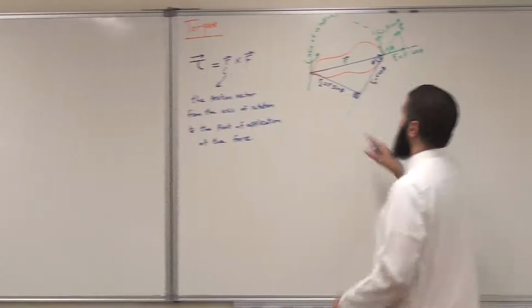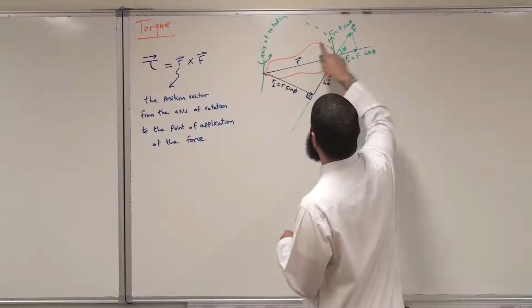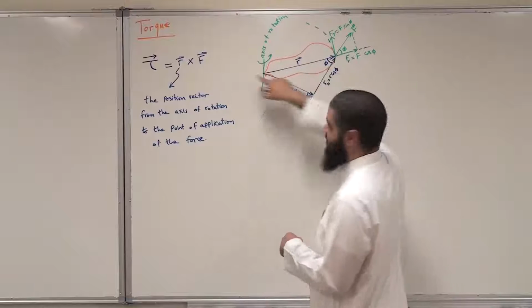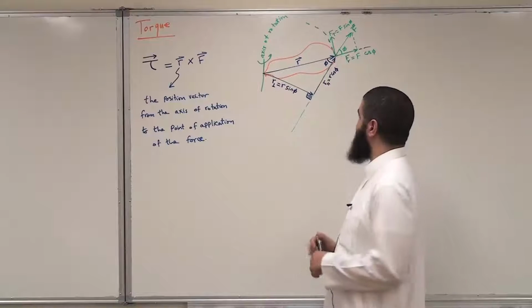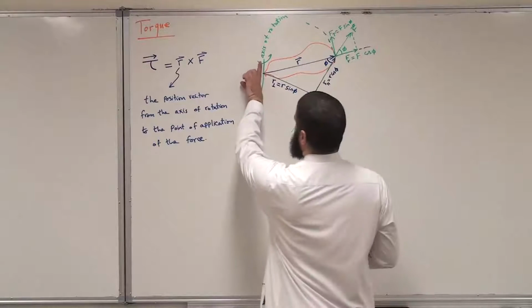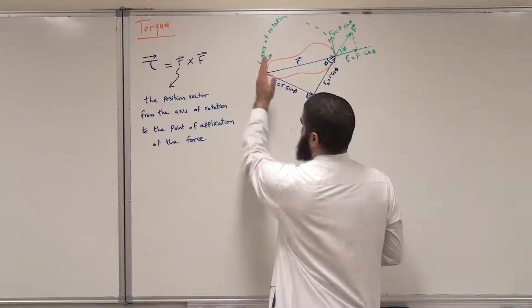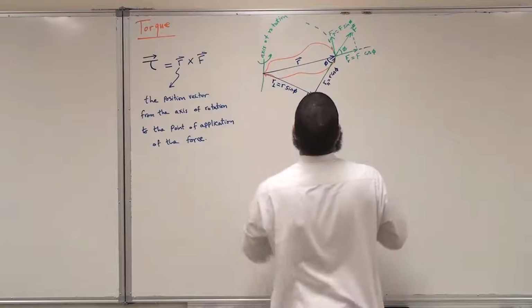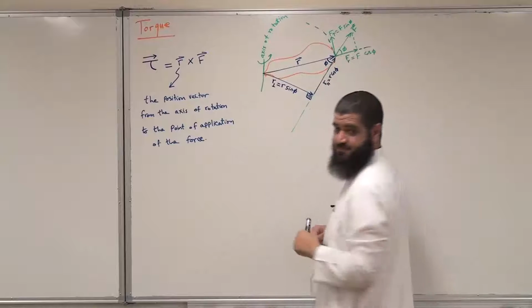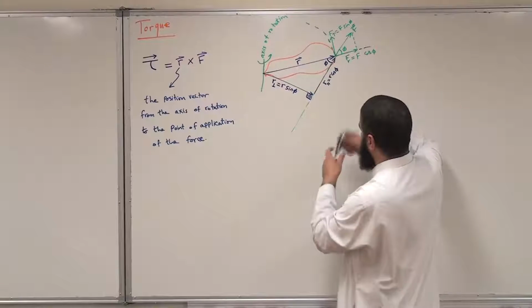I have an object. You see, this is my object, the orange rigid body. This is the axis of rotation, so it is pivoted. We fix it at this point, this axis of rotation, and we apply a certain force F. So this is the point of application of the force.